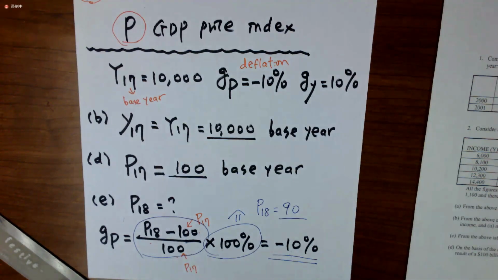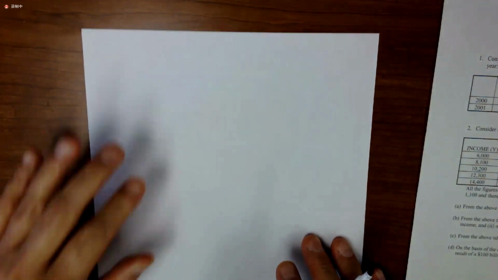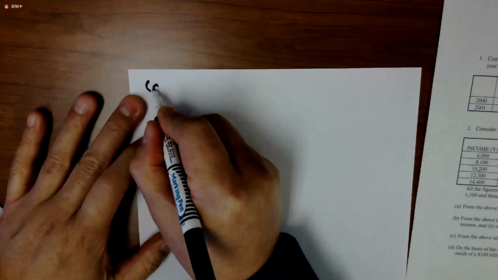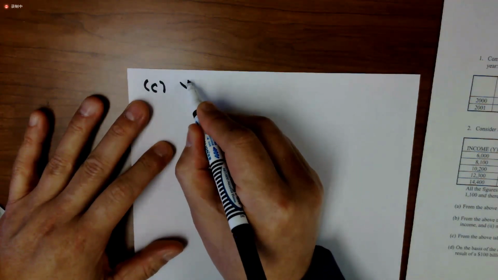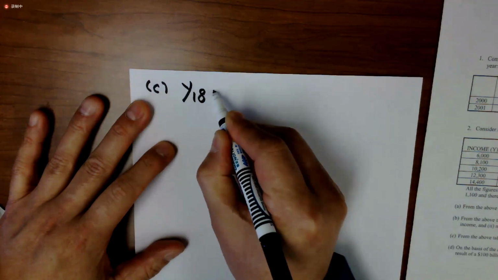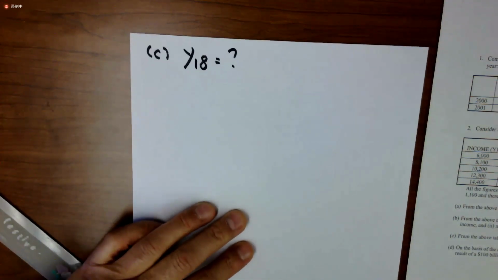All right. So, what's next? You tell me that you want to do part C, right? So what is part C asking? Part C is asking what's the real GDP for the year 2018, correct?